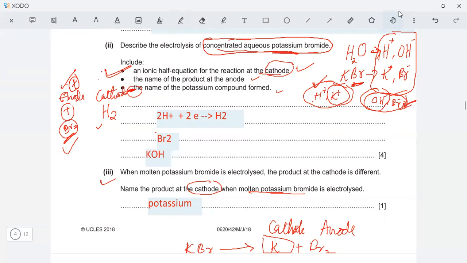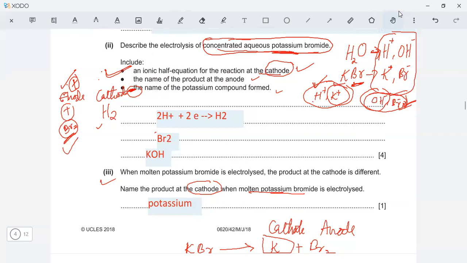So in fact there are four different types of ions, H plus, K plus, OH minus and Br minus, but only two are supposed to be discharged at the respective electrodes. So we need a selective ion.